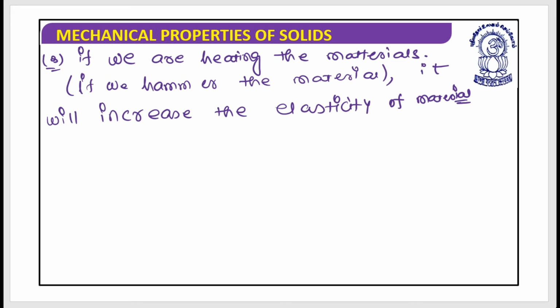So Young's elasticity will increase by hammering the material, because it will convert large granules into smaller granules. And when you convert large granules to smaller granules, it will increase the elasticity of a material.